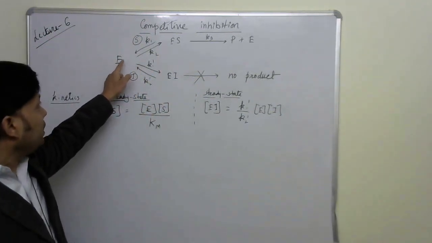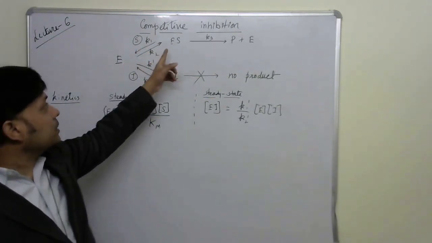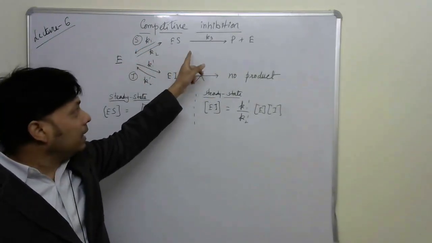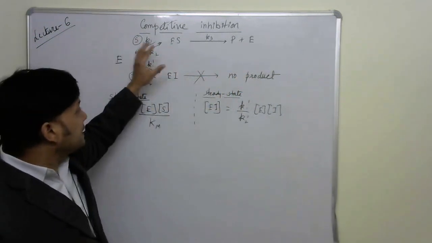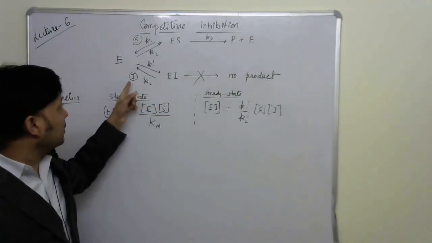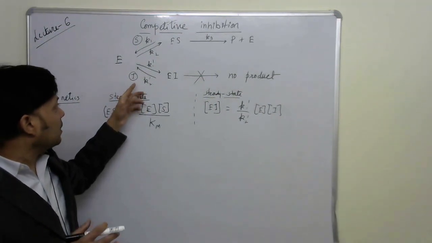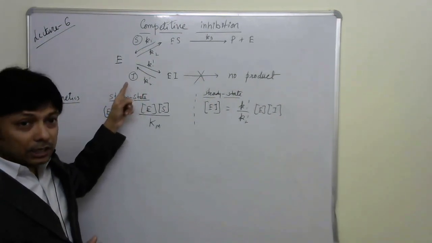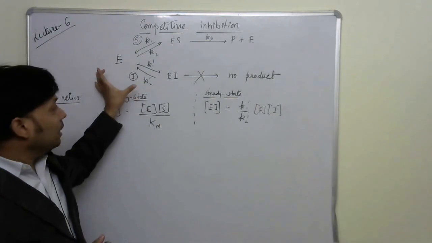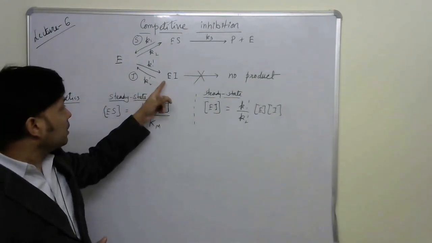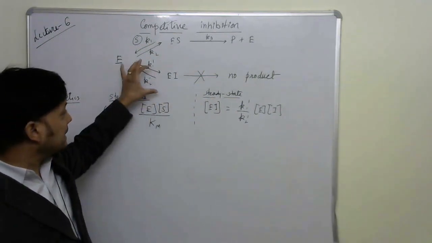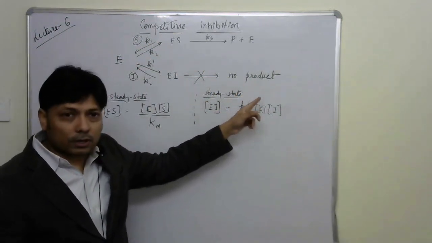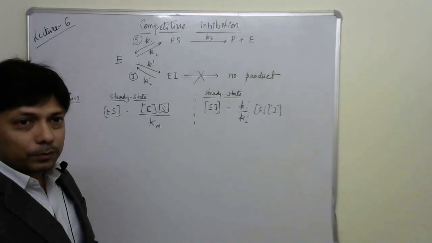The enzyme, when it binds to the substrate, forms the enzyme-substrate complex and it breaks down to the product. But at the same time, it competes with another substance called the inhibitor itself, I. It reversibly forms a complex called the enzyme-inhibitor complex.